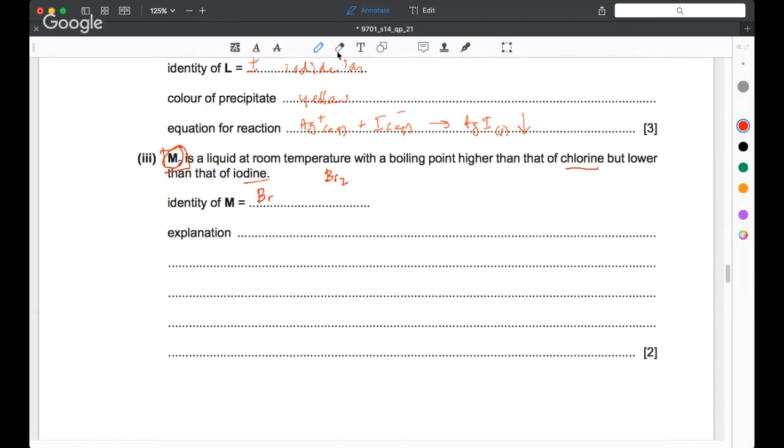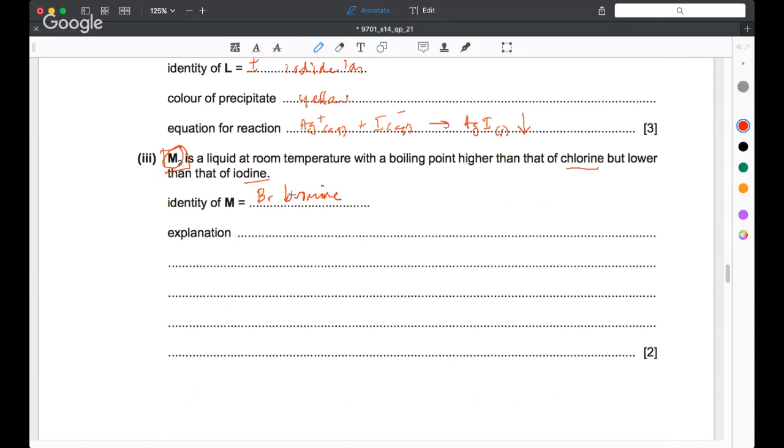Okay, nothing to do with bromide ions. Actually, if you said Br2, that's not completely correct. And this is not bromide, but bromine. So we're distinguishing between an atom and an ion, and that got flagged up in the question stem, didn't it?